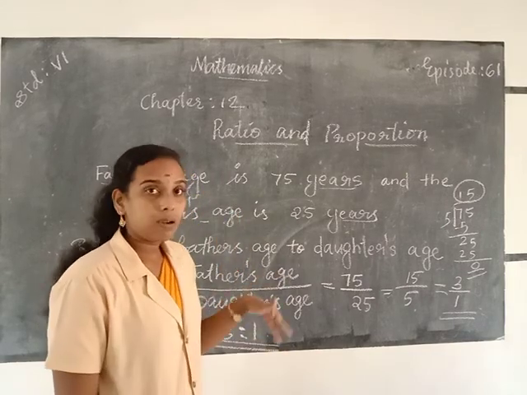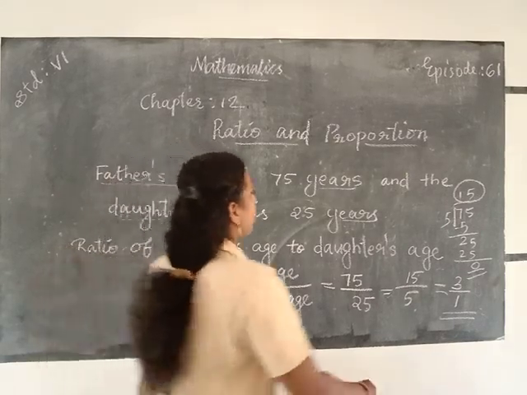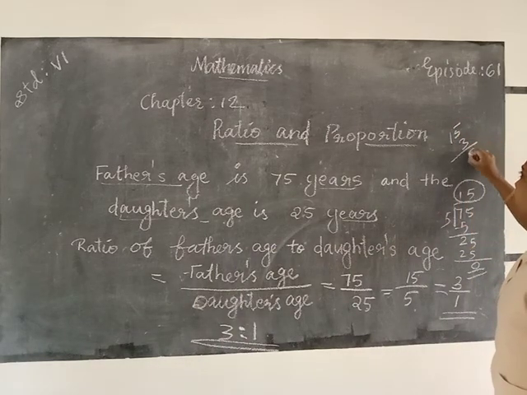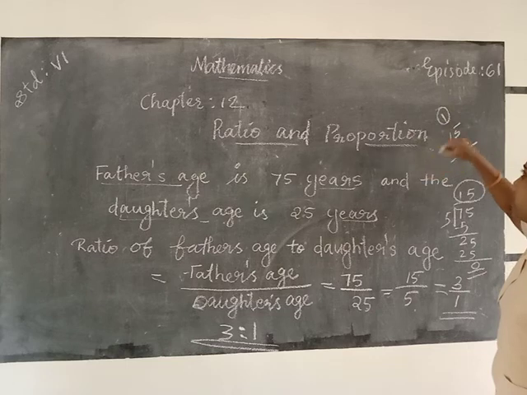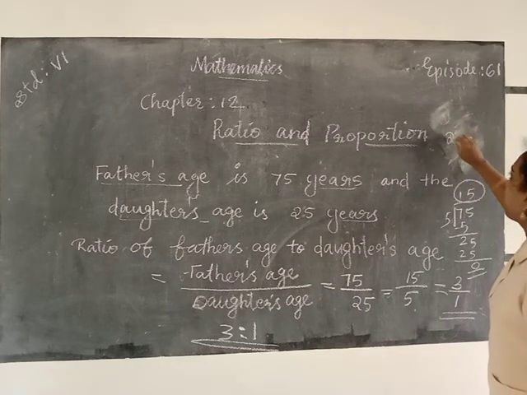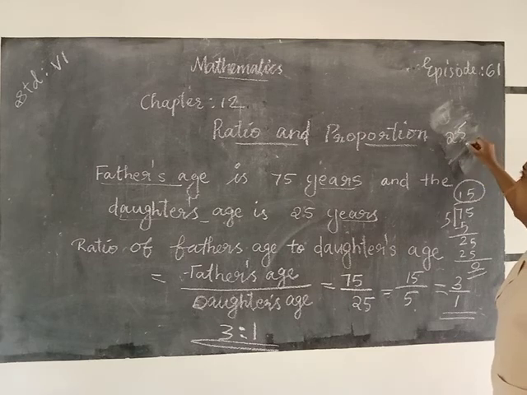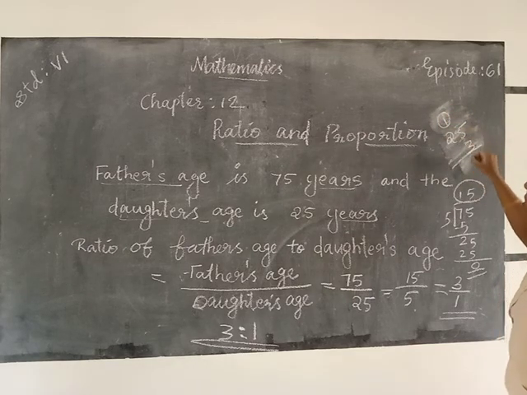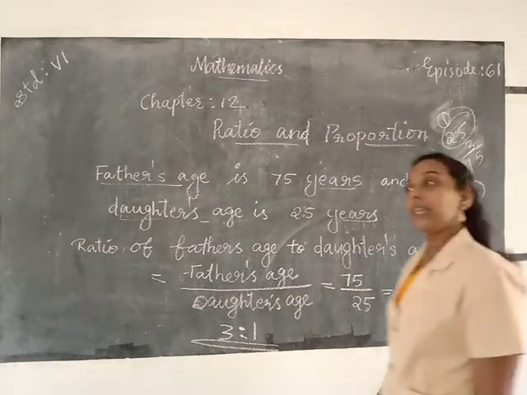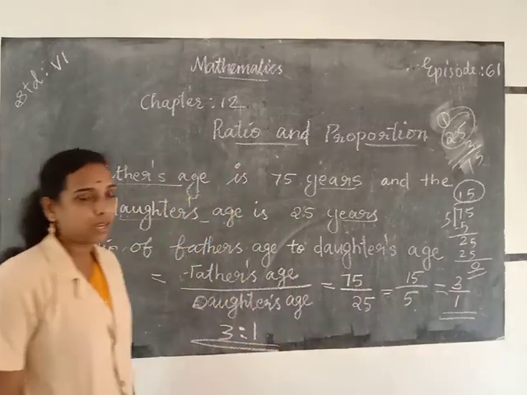If we take 25 as the common factor, then 25 into 3 is 75. Which means 25 is the highest common factor of 75 and 25.